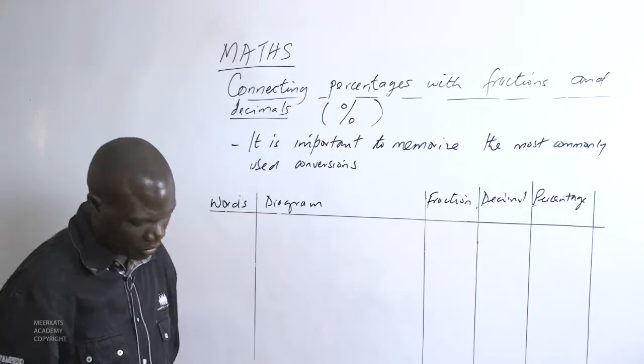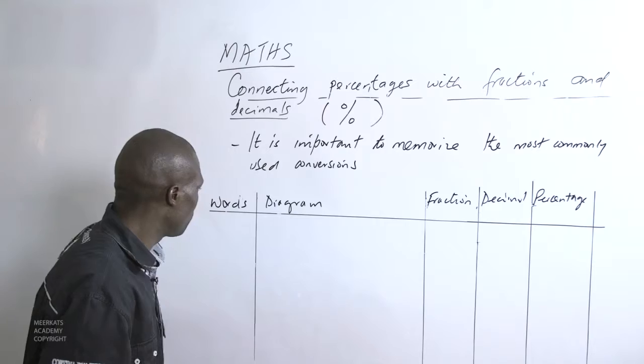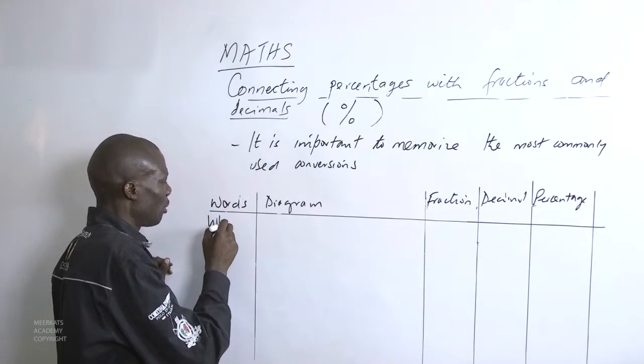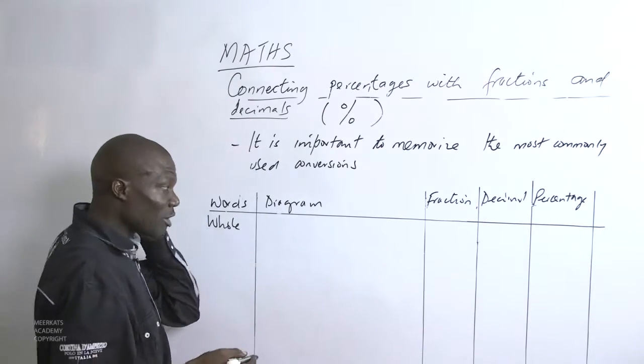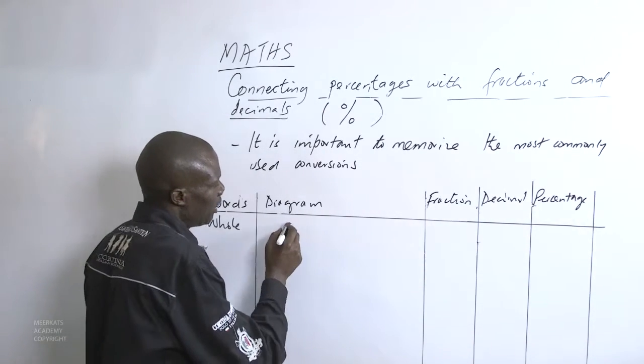Take, for example, if you want to represent a whole, in the diagram, I want us to have units of 10.